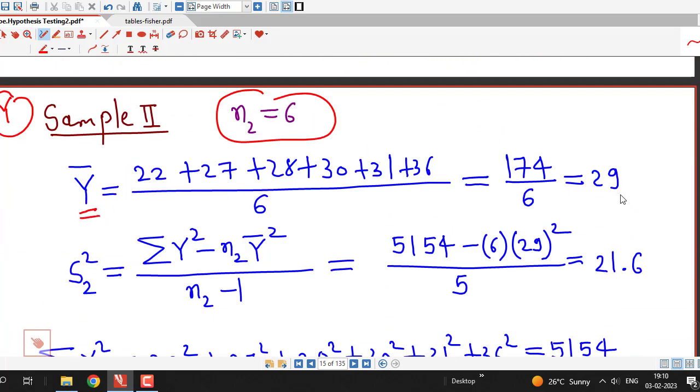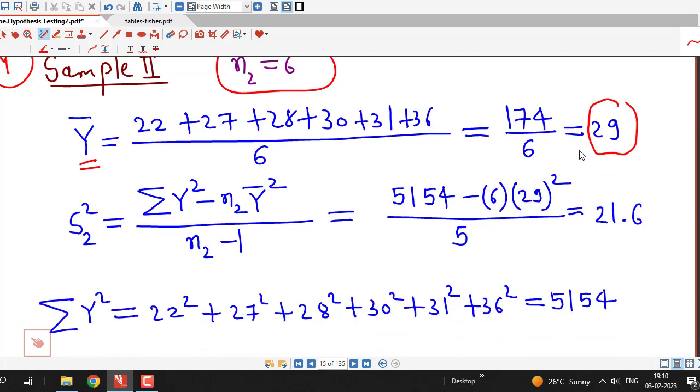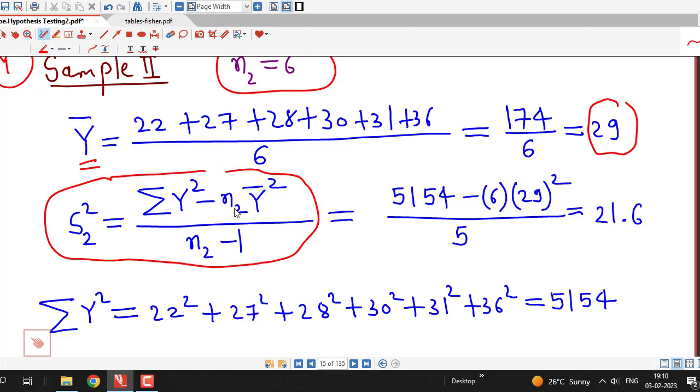So our sample mean for the second sample becomes 29, and using this formula we will calculate the sample variance: sigma y square minus n2 times y bar square, divided by n2 minus 1. Here we require sigma y square, that is, I have to take the square of all these observations and add them.